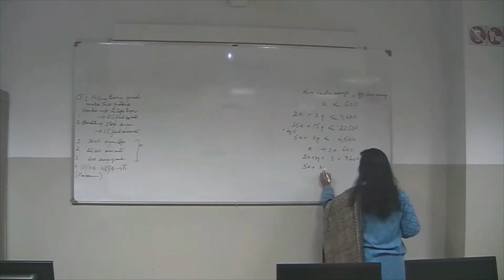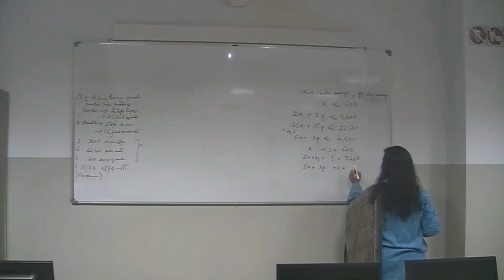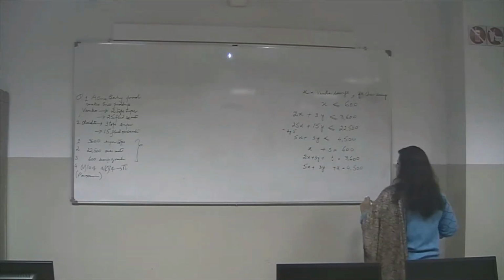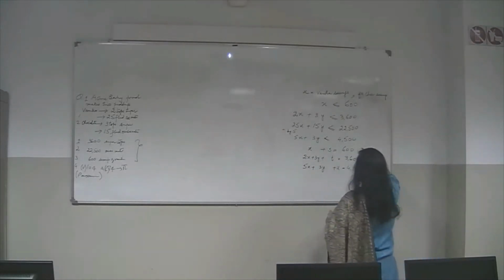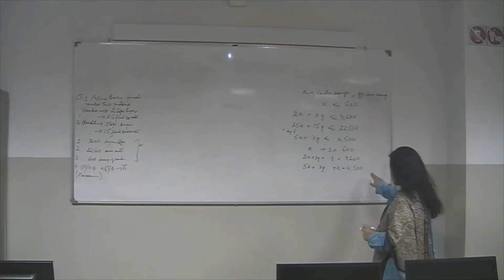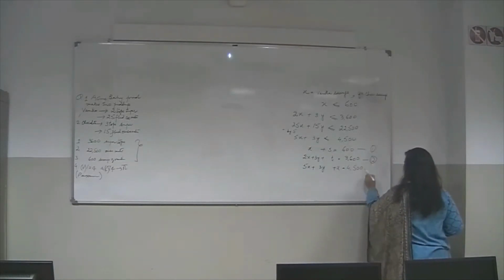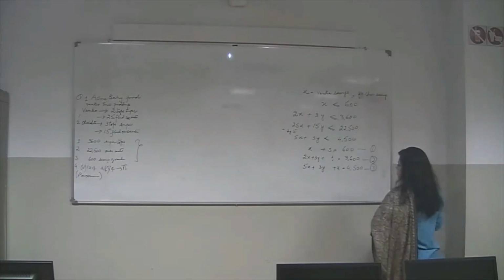Okay, now this is 3y plus u, another variable, comes to about 4,500. Now, we can number these equations as 1, 2, 3.